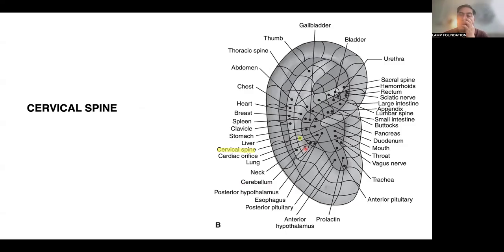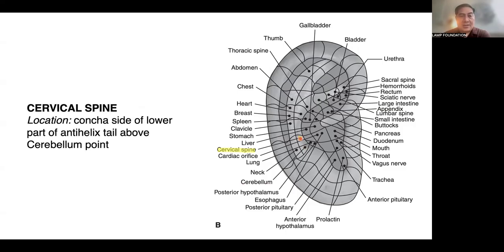Next, we have the cervical spine, okay? So from the cerebellum, we go to the cervical spine, the first part of the spinal cord. So where is this located? This is located on the concha side of the lower antihelix tail, and it is directly above the cerebellum.